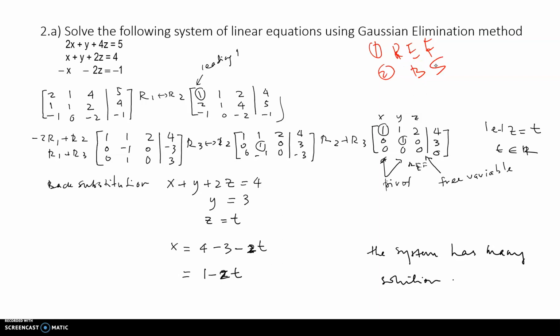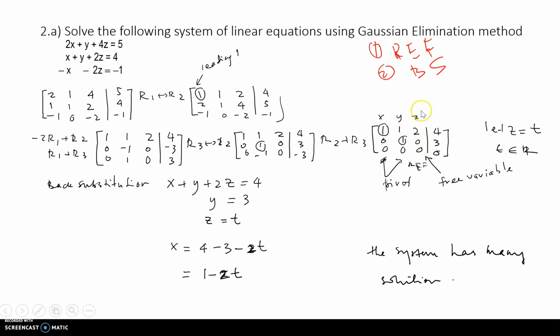So first, get the REF. How to get the REF? You have to write the augmented matrix and reduce it by using elementary row operations, and then you will get this answer. Based on this, observe that the first and the second columns are called pivot columns, because they have leading 1s respectively.